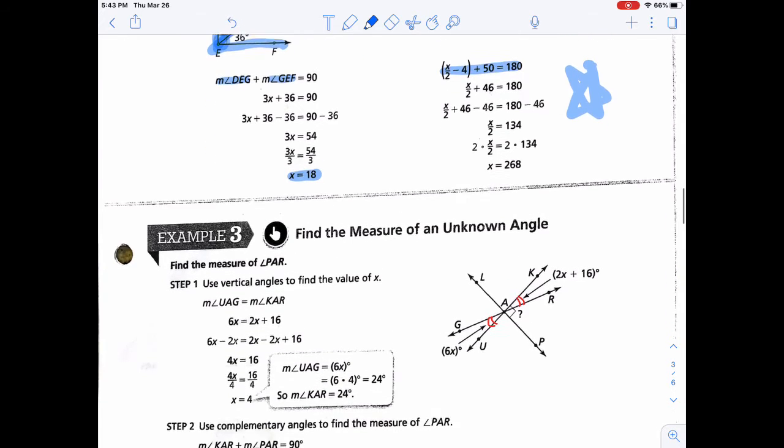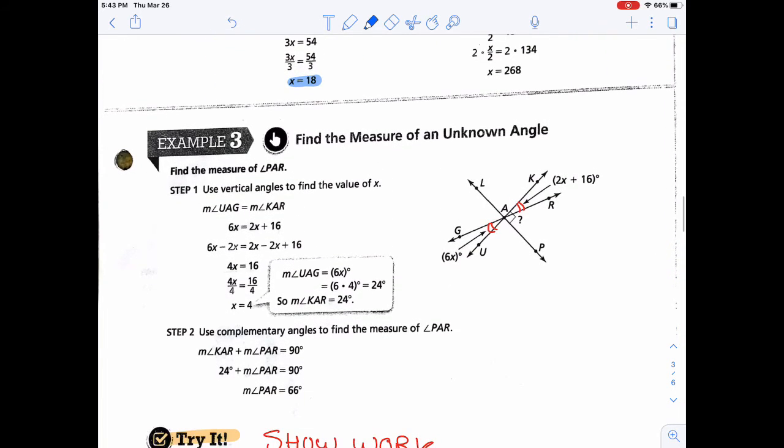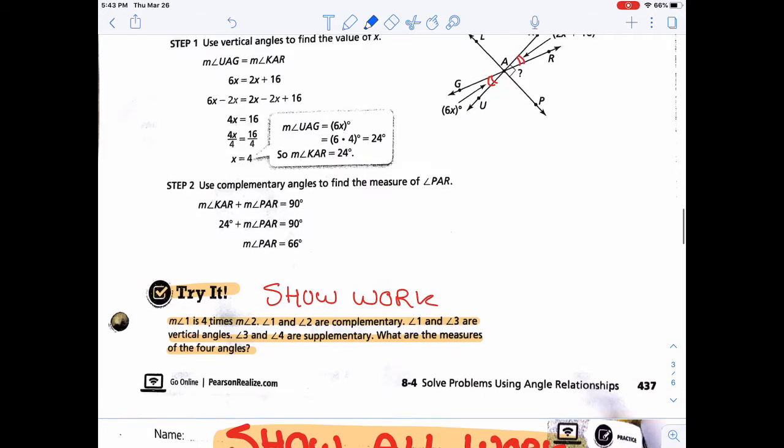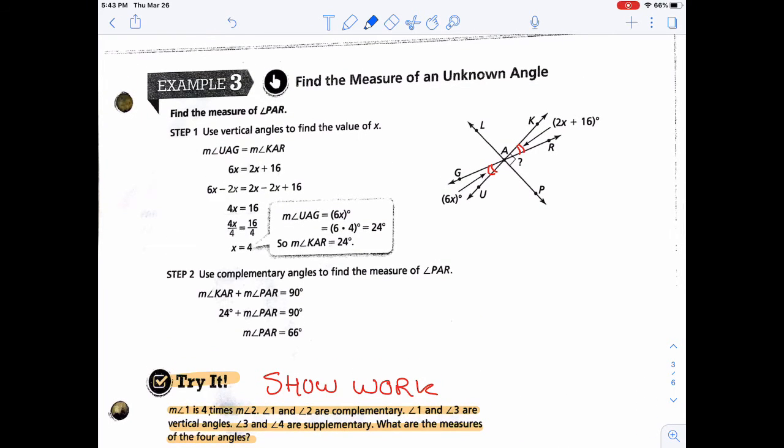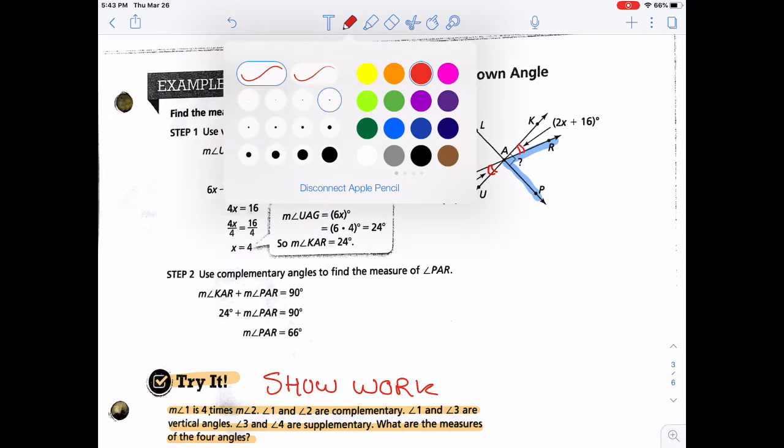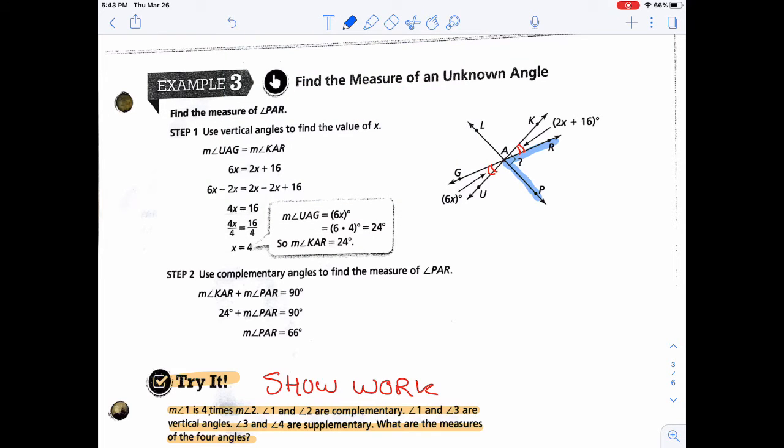All right, so looking down here, our final example, we have to find the measure of angle PAR. So we're looking for this right here. They have a little question mark there for us. So we need to find the value of x here first. Anytime you have an x, it's usually pretty safe to assume that you're going to need to solve for it.